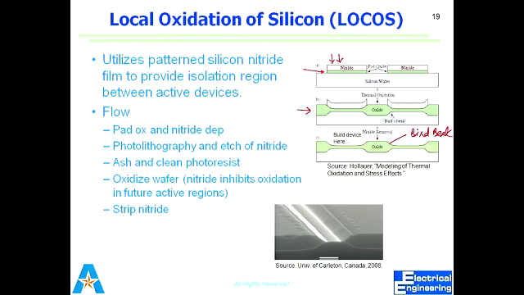In the middle you have the field oxide, and in the active area you have a thin oxide layer. So this is the gate oxide. One thing for your knowledge: gate oxide is mostly grown by dry oxidation, because it's thin. And for field oxide, if you're not told whether we are using wet or dry oxidation, always go for the wet oxidation parameters, because field oxide is always a thick layer.